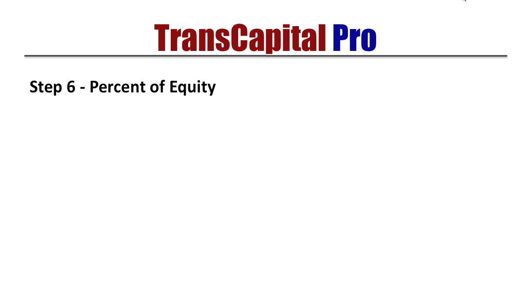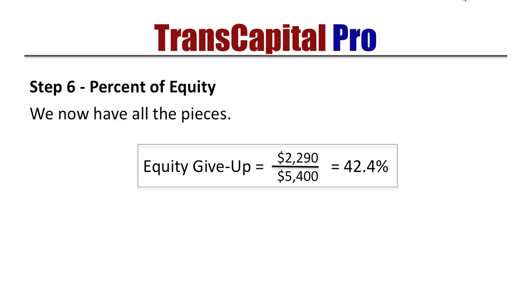So percent of equity. Now that we have all these components and pieces for the formula, it's pretty simple. It's just a division problem. So the equity given up for this offering is the $2.29 million. That's the amount that's required from the warrants to hit a 35% IRR, given the $1 million preferred and 12% dividend that's current pay.